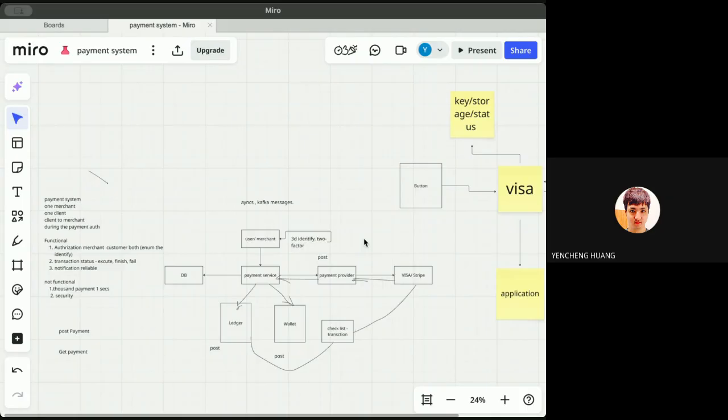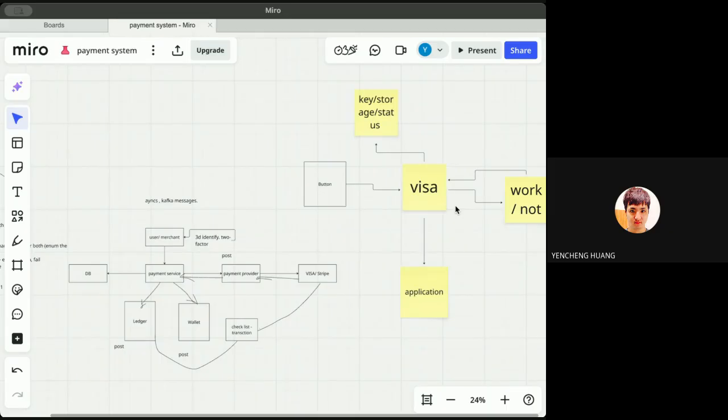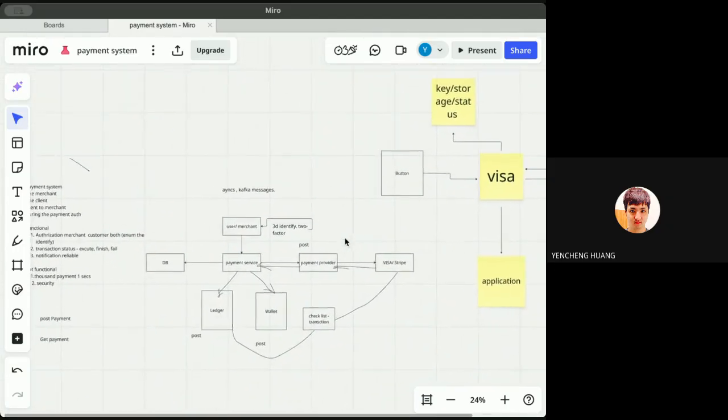And you mean notification reliable is kind of like payment just once, or just if the user's payment, or this kind of network through the Visas to our payment providers, you mean like that?